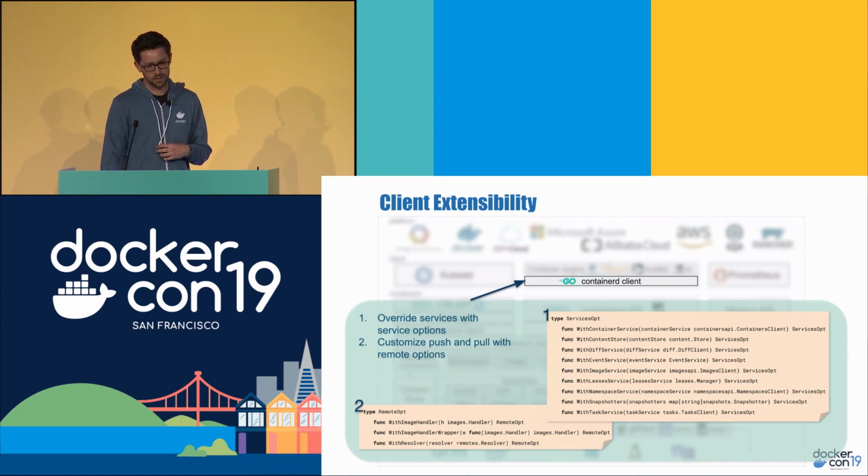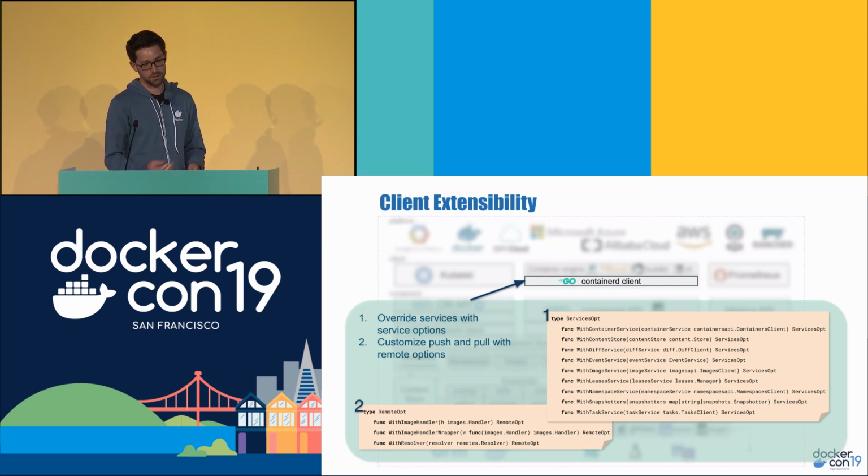Another point where you can also extend containerd quite a bit is in the actual client. So the client has some built-in opinions for how to connect to a registry and stuff like that. But you as a client user, you can actually override pretty much anything within our client.